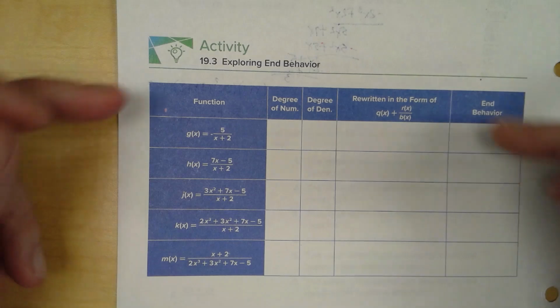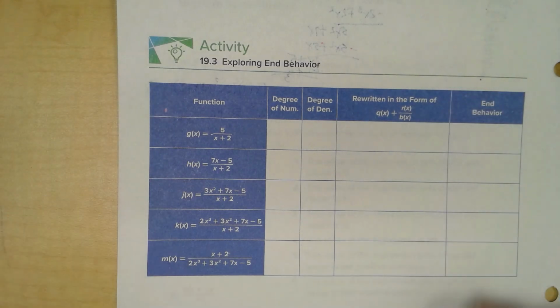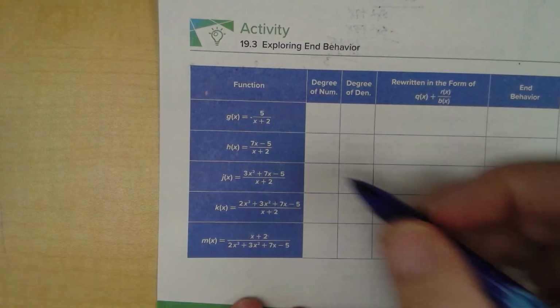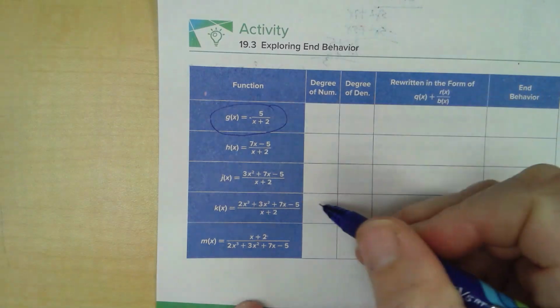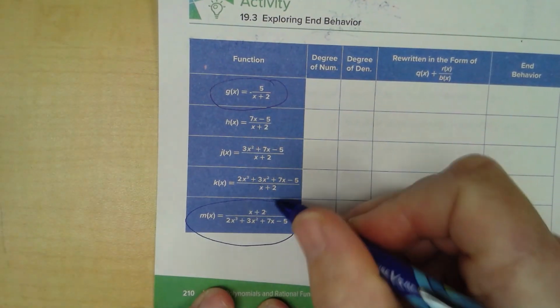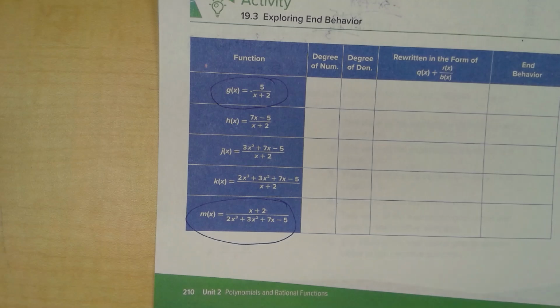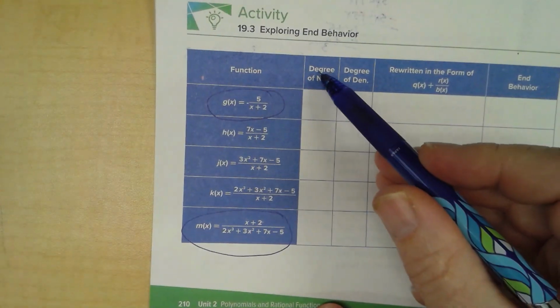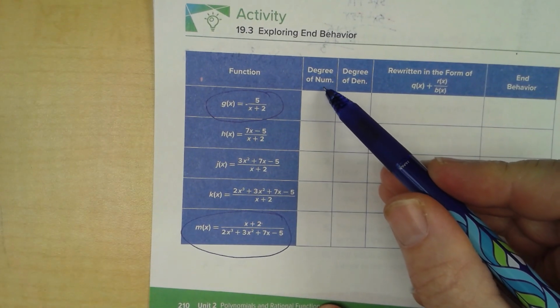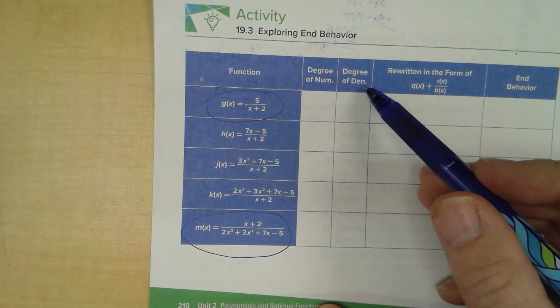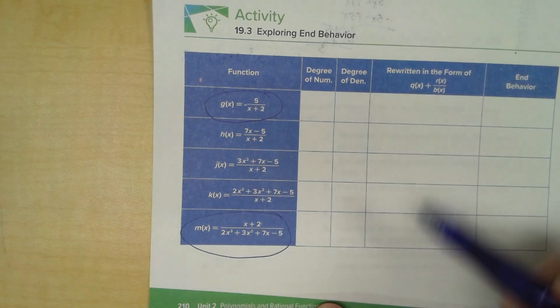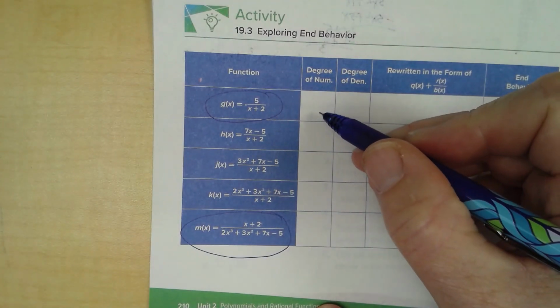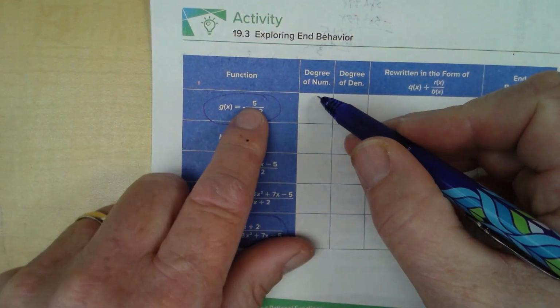All right, now we're going to look at end behavior. So we're going to look at these examples here. Focus our attention to the g function and the m function here. We look at the degree of the numerator and the degree of the denominator. So let's focus on the first and the last one. The degree of the top, right?